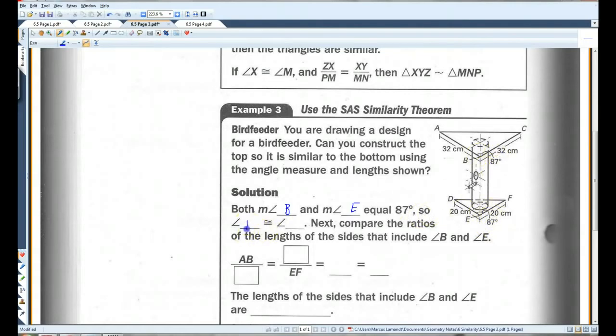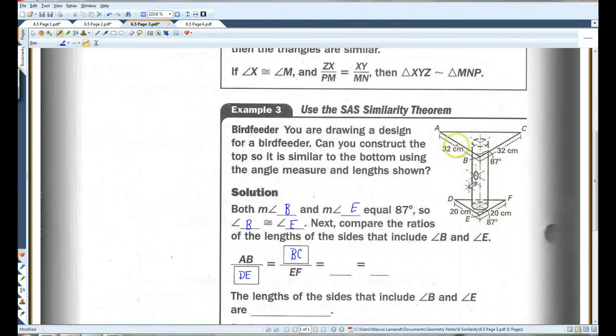So, angle B is congruent to angle E. So we have one angle. Now we're going to compare the ratios of the lengths of the sides that include angle B and angle E. These sides would be AB and DE. That's this side and this side. BC and EF. That's this side and this side.